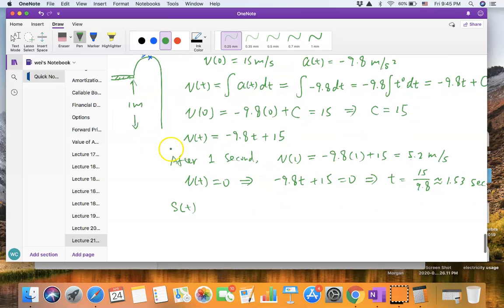Okay, and the position function is the antiderivative of the velocity function. So we take this integral of the velocity function dt. Okay.